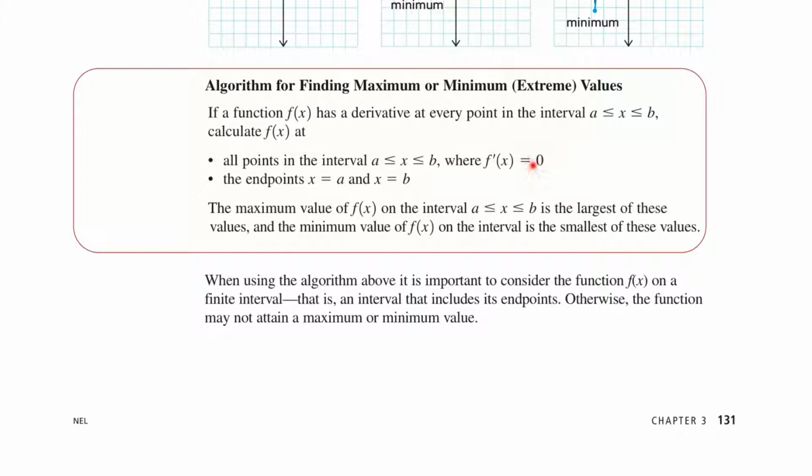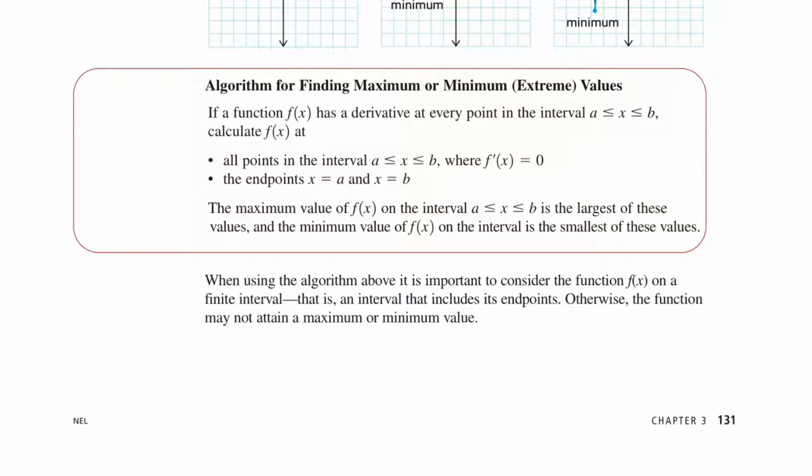Then we find the value of the function when the derivative is 0 and at endpoints. The biggest one is the maximum and the point with the least y value is the minimum.